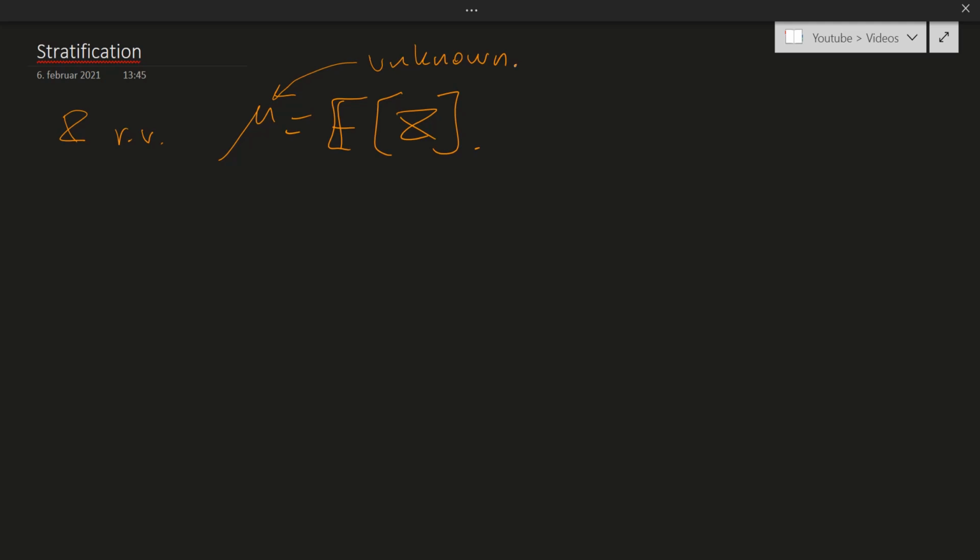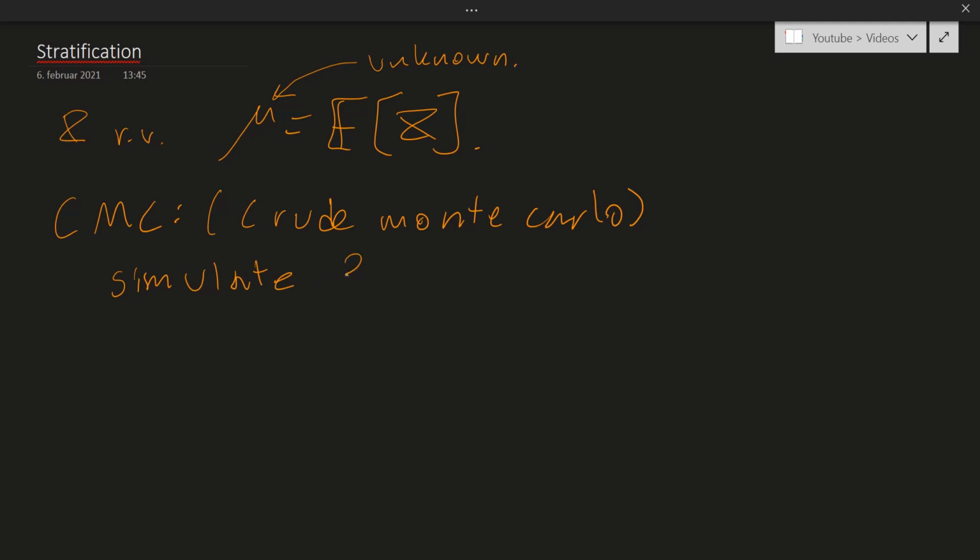And we could use crude Monte Carlo, where we simply simulate a large amount of x's, and then take our estimate. We say mu hat is equal to 1 over r times the sum from i equals 1 to r of these x_i's.